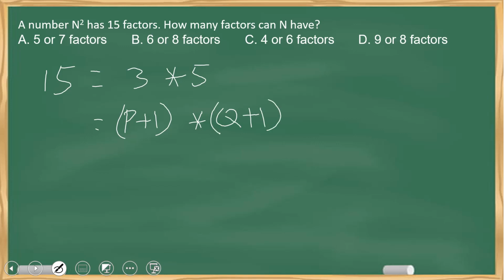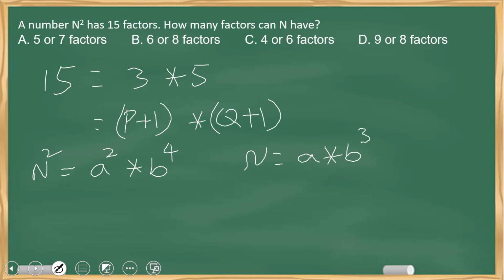So definitely the number would be in what way? A power 2 into b power 4. Yes or no? The number should definitely be, okay, n square I'm talking about, I'm sorry. So n will be a into b cube. Correct?